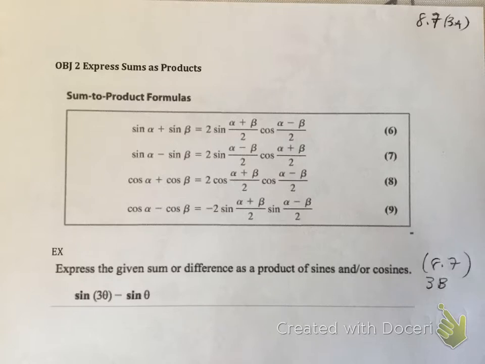If we're adding two cosines together, cosine alpha plus cosine beta, we can rewrite it as a product of 2 cosine alpha plus beta over 2 times cosine alpha minus beta over 2. And finally, if we're subtracting, cosine alpha minus cosine beta is equal to negative 2 sine alpha plus beta over 2 times sine alpha minus beta over 2.